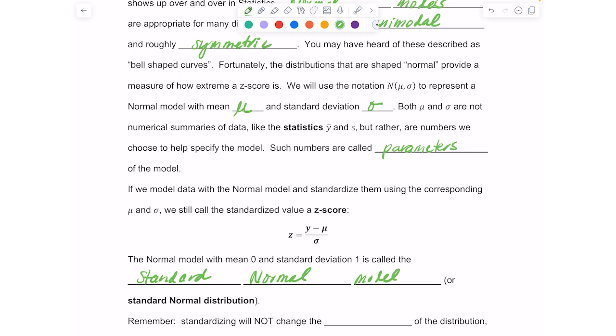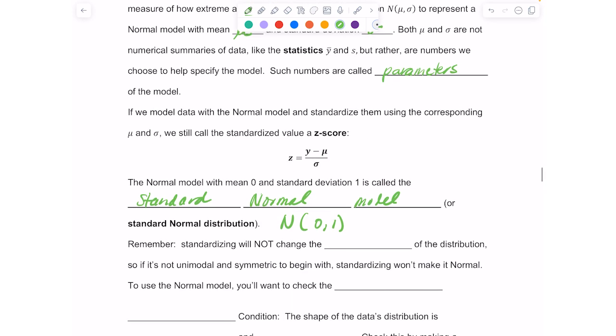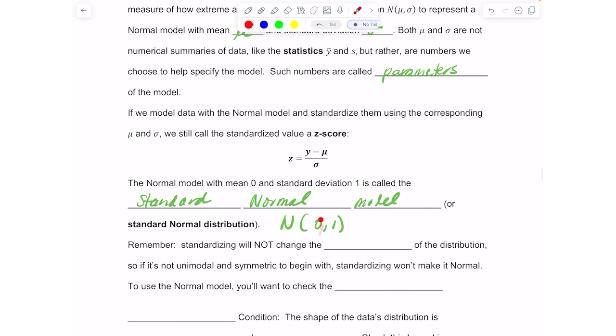So in other words, it would be capital N(0, 1). That refers to the standard normal model where the mean is 0 and the standard deviation is 1. And just remember, standardizing will not change the shape of the distribution. So if it's not unimodal and symmetric to begin with, standardizing won't make it normal.